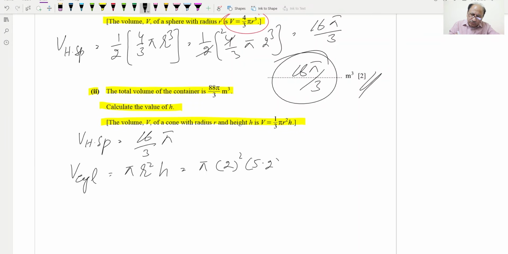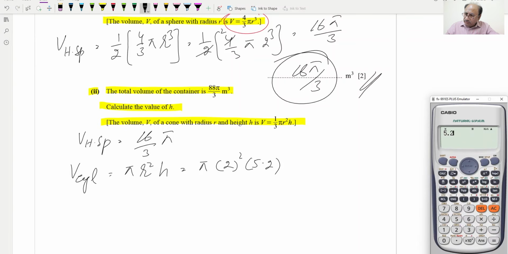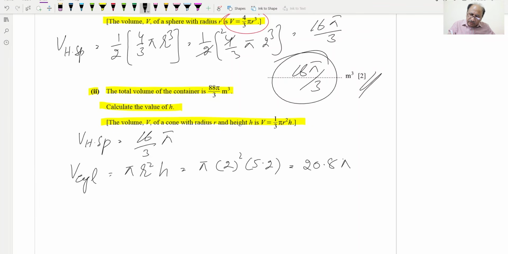So 5.2 multiplied by 4 is 20.8. So as a decimal value we write 20.8 pi, this is also in terms of pi, we don't want to lose the decimal places.